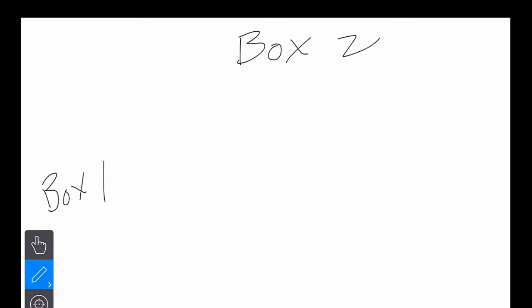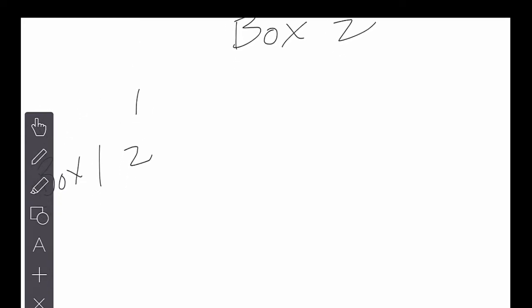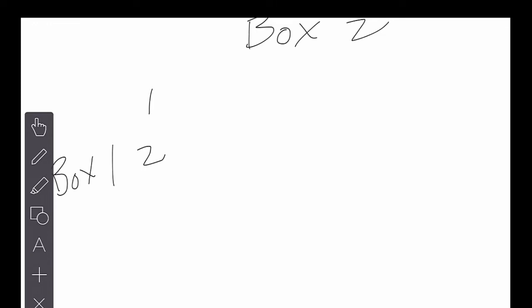So the possible outcomes from box 1 are 1, 2, 3, 4, 5. I'm going to move this up so you can see everything. As I said, the answers are in the notes, but maybe you need to see the illustration. And then for box 2, it's 1, 2, 3, 4.